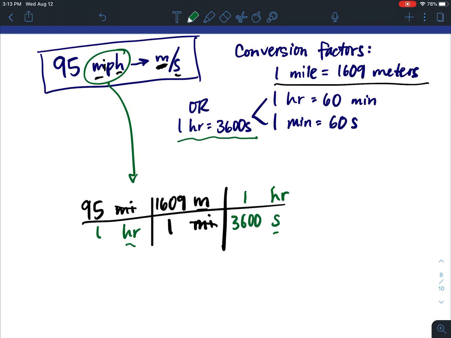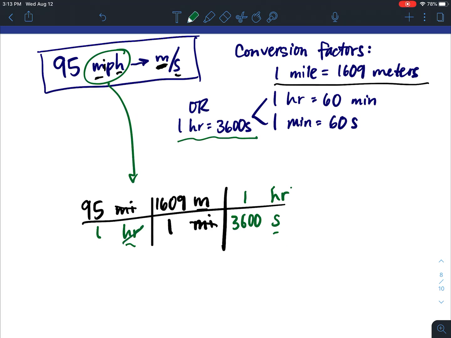If you were going to do the minutes, you'd put 1 hour here, 60 minutes here, and then you'd have to make yourself another set of boxes where you say 1 minute or 60 seconds. And that works too. It's really whichever makes the most sense to you. Okay. So let's check here.